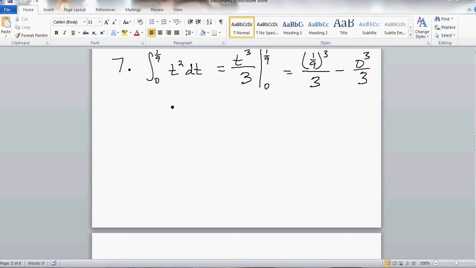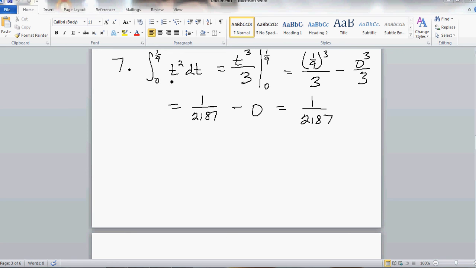Well, zeros are usually nice to work with. 1/9 cubed, I can't remember right offhand. But realize whatever this is over 3 ends up equaling 1 over 2,187 minus 0. So our final answer is 1 over 2,187.